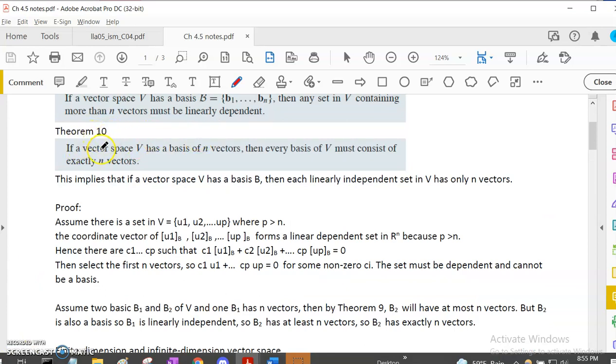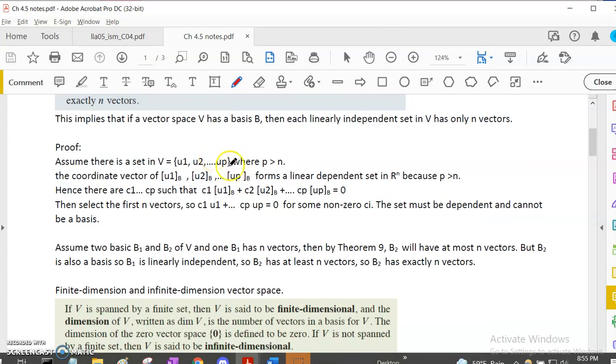The second theorem is that every other basis of V must have exactly n vectors. So n is something specific about a vector space, which is the number of vectors in any basis, and we call it dimension.